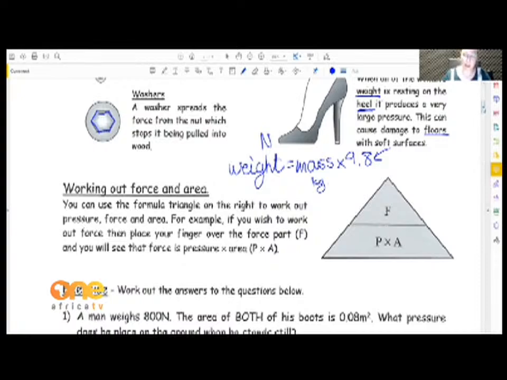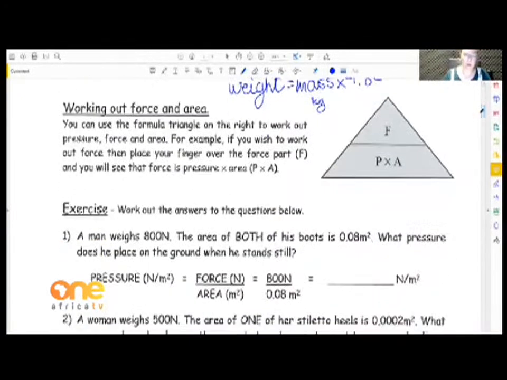So now, let's move on a bit. If we want to work out something using our pressure formula, then we can use this triangle over here. So how it works is, if you want to get the force, then you would put your finger over it and close that whole area up. And what's left will give you the formula for force.